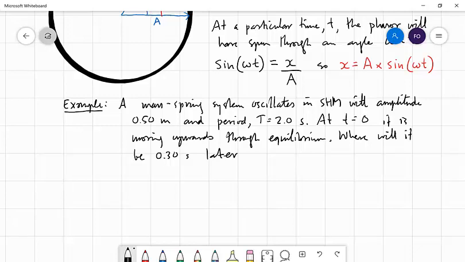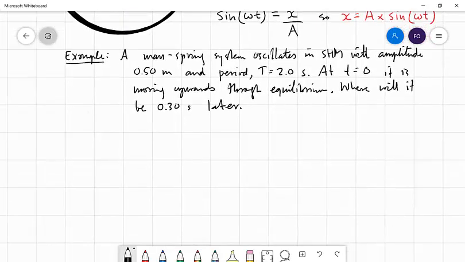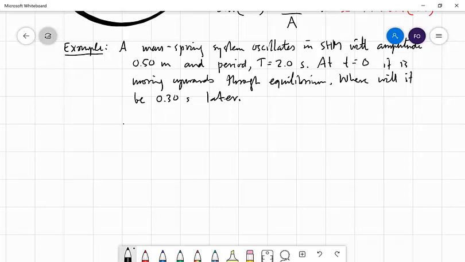Okay, so the way to solve this is to draw a reference circle and then to draw in the starting phasor, which looks like that. And if the period is 2 seconds, then it's going to take half a second to get to there, 1 second to get to there, 1.5 seconds to get to there, and 2 seconds to get back to its starting point. So the phasor that we're interested in is going to be somewhere between the starting point and the vertically upwards.